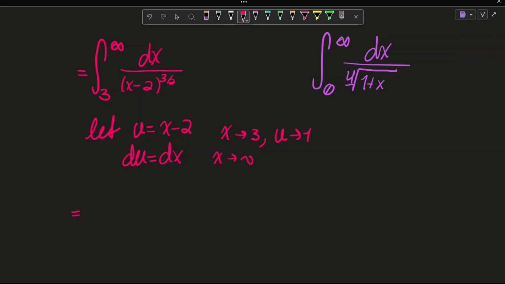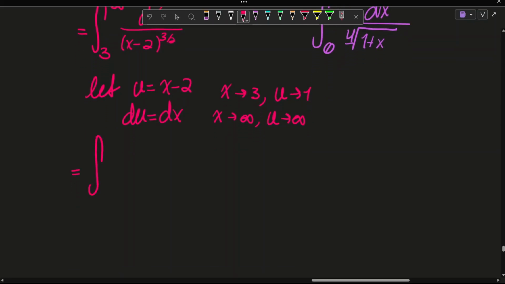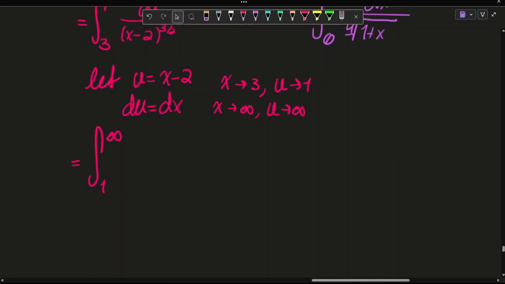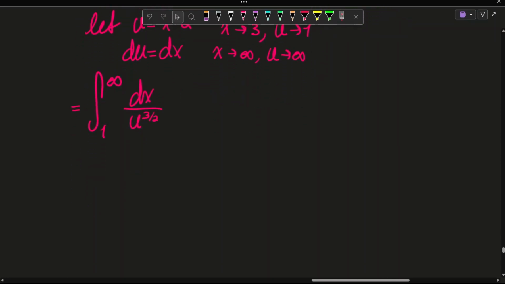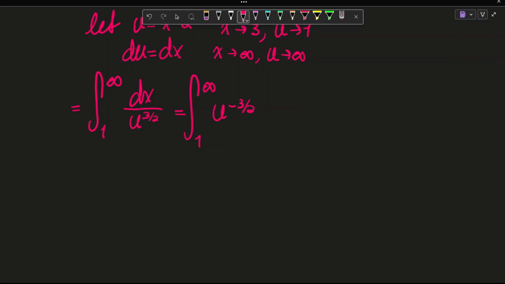When x approaches infinity, u approaches infinity. So here we have the integral from 1 to infinity of dx over u to the power of 3 over 2, and it's also equal to the integral from 1 to infinity of u to the negative 3 over 2 du.